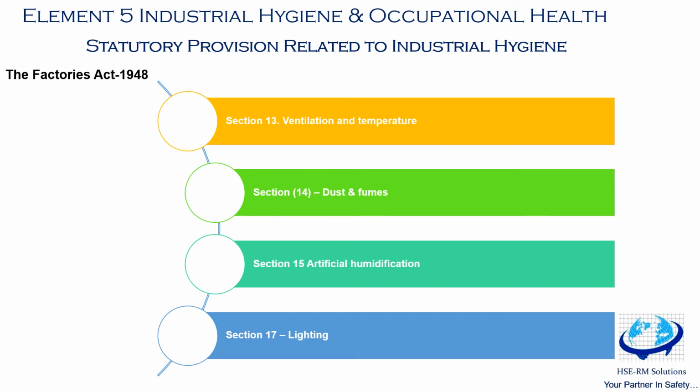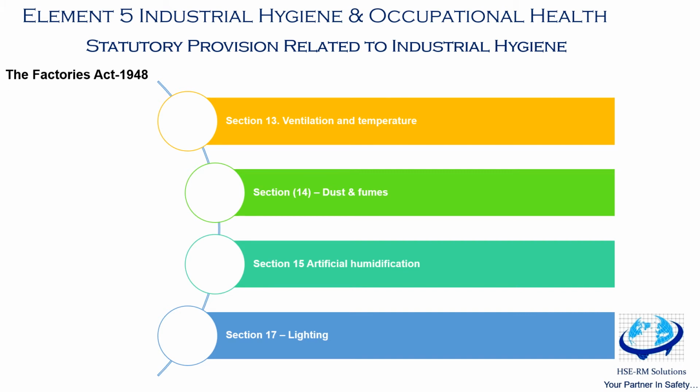The formation of shadows to an extent that causes eye strain or the risk of accident to any worker should also be avoided. The state government may prescribe standards of sufficient and suitable lighting for factories, for any class or description of factories, or for any manufacturing process.